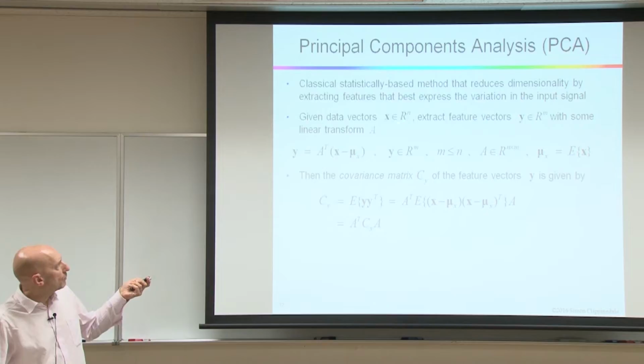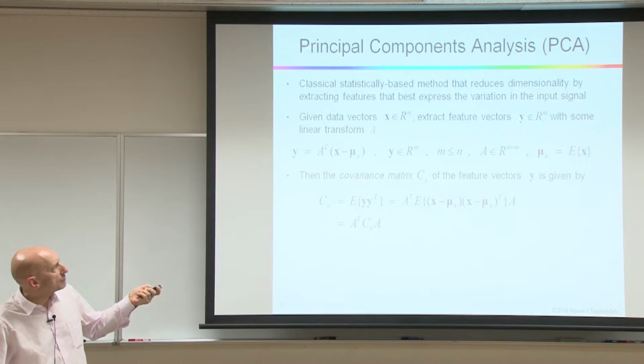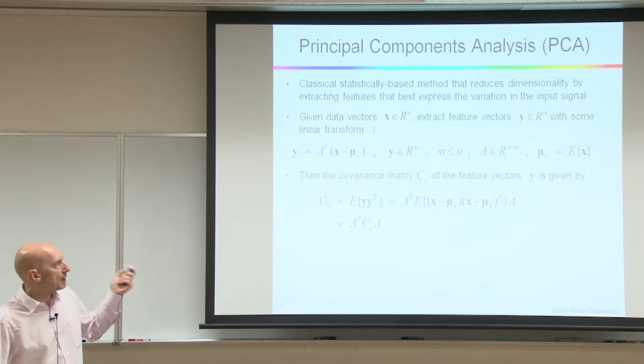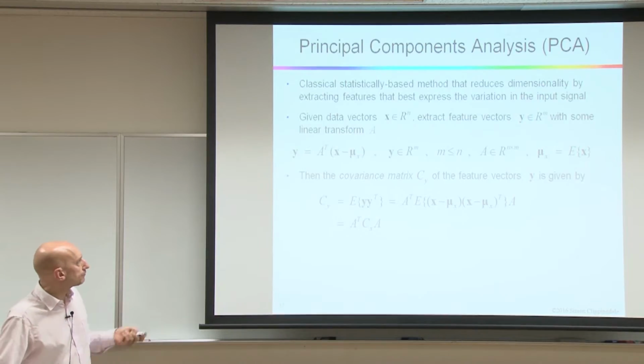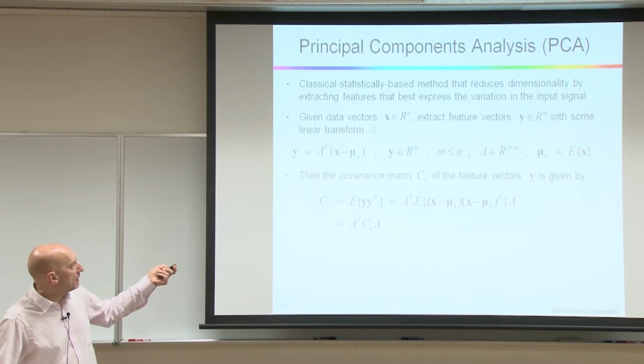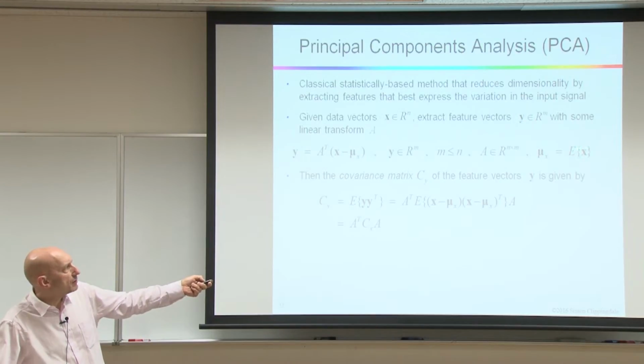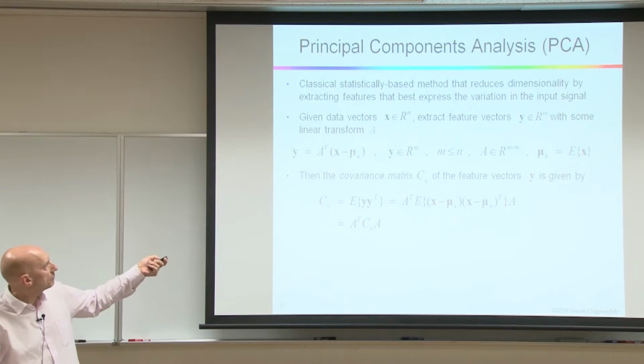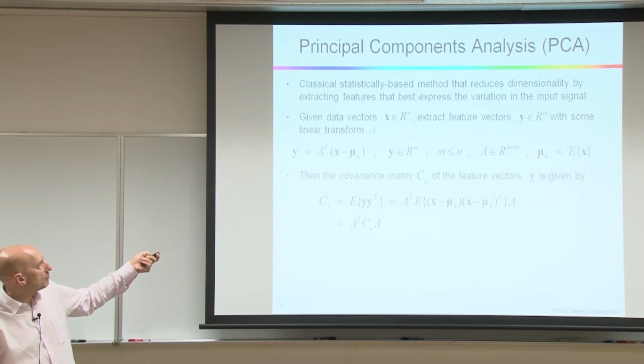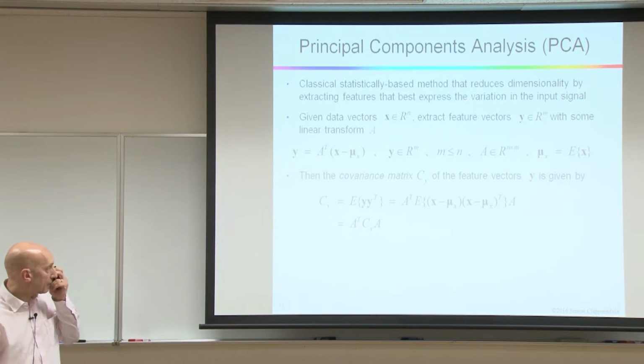So given these data vectors, we're going to extract feature vectors, y, from them with some linear transform A. Again, this is as in the previous slides. Subtract the mean first, which is an expectation, the statistical average of x. I'm going to subtract the mean, do the transformation, and we've got our feature vector.